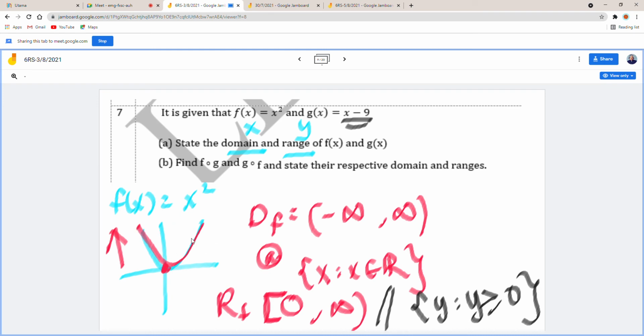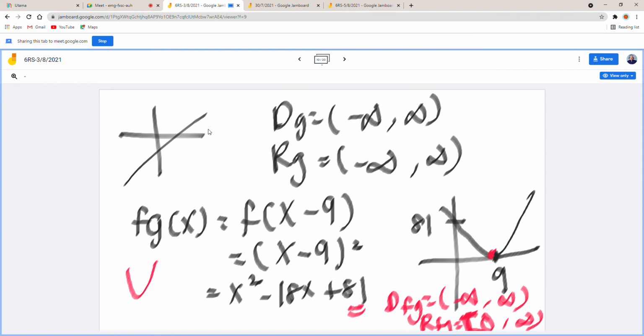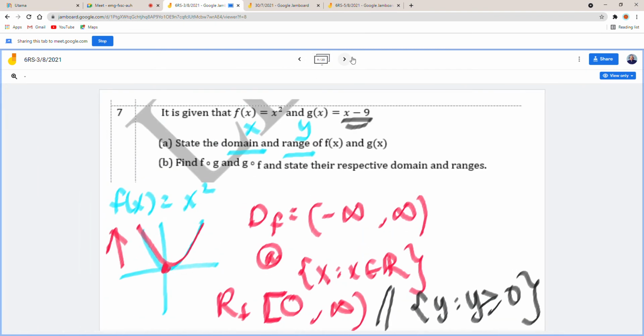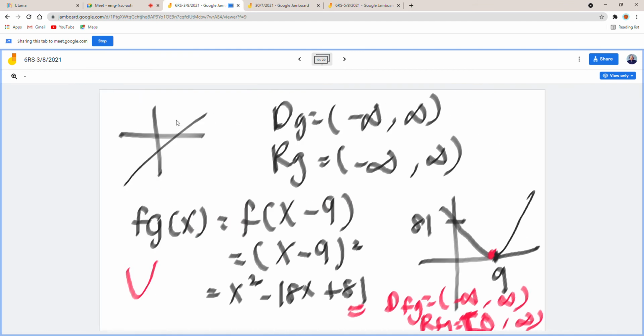I mean the quadratic smiley face starts at 0, with domain negative infinity to infinity and range 0 to infinity. And for gx, this is the gx. I think gx she skipped. Yeah, this is gx, and this is the domain and range.